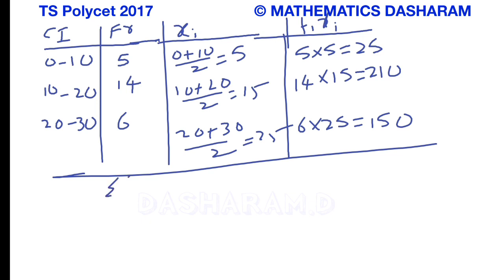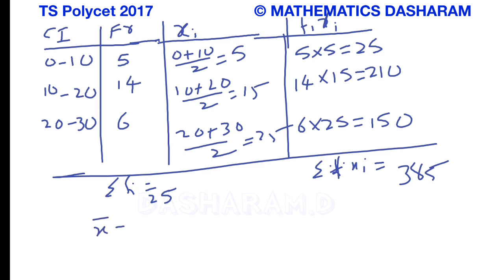Next we need sigma fi and sigma fi xi. Sigma fi is 25, since 14 plus 6 is 20, and 20 plus 5 is 25. Sigma fi xi is 385.